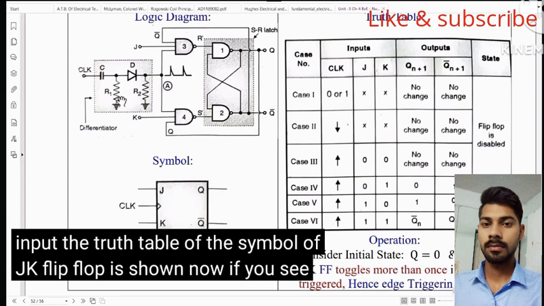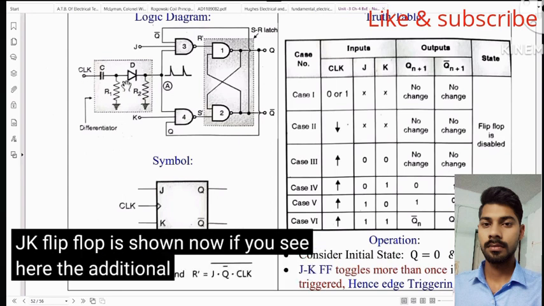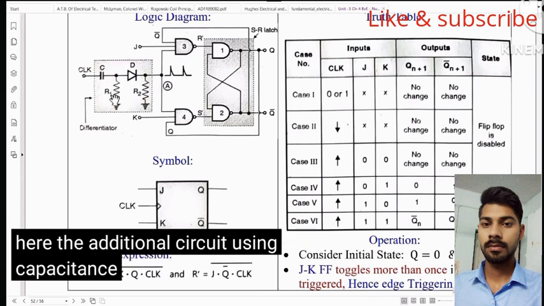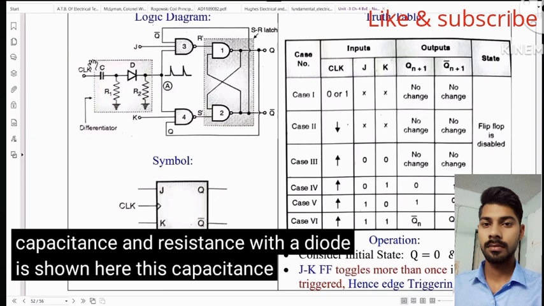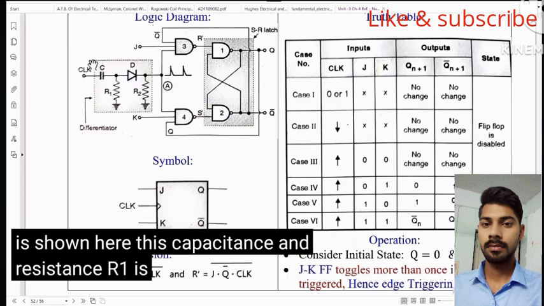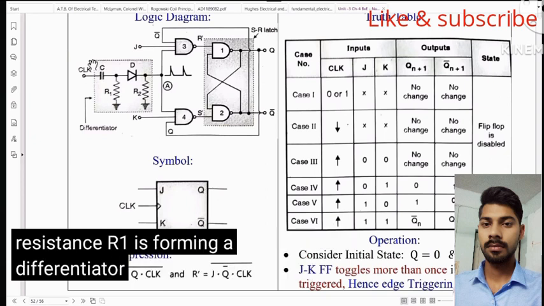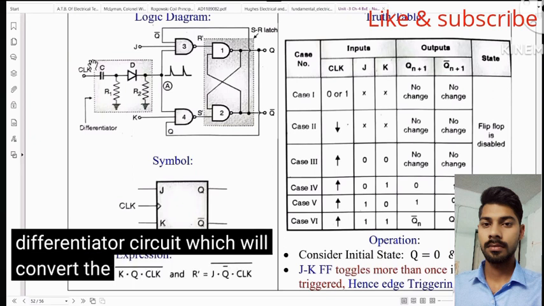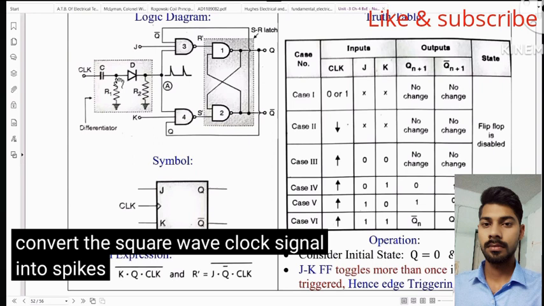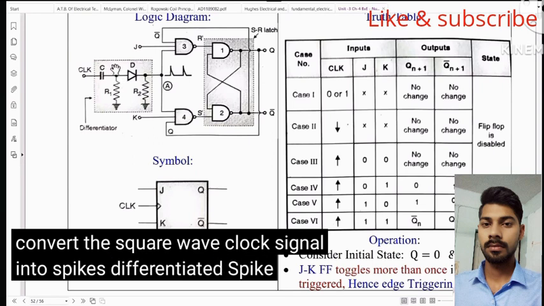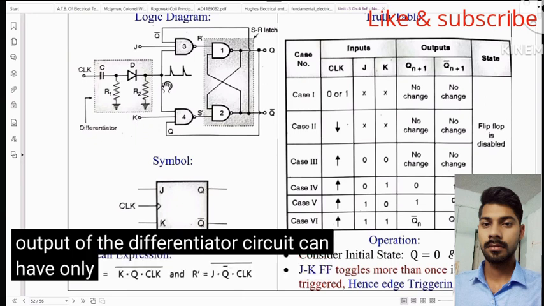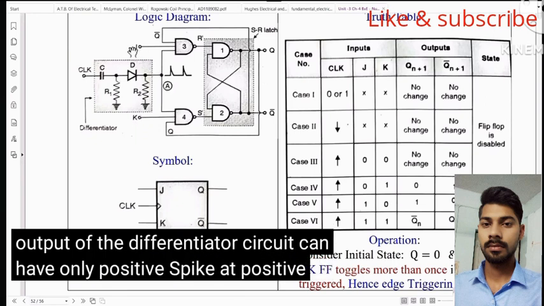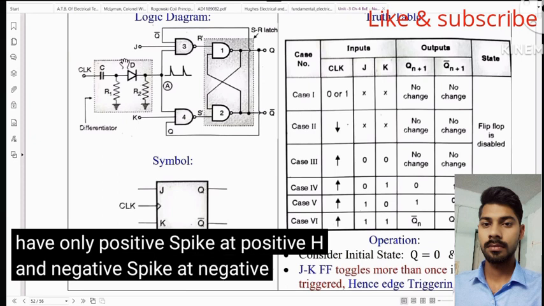Now, if you see here, the additional circuit using capacitance and resistance with a diode is shown. Here, this capacitance and resistance R1 form a differentiator circuit, which will convert the square wave clock signal into differentiated spikes. So, the output of the differentiator circuit can have a positive spike at the positive edge and a negative spike at the negative edge.